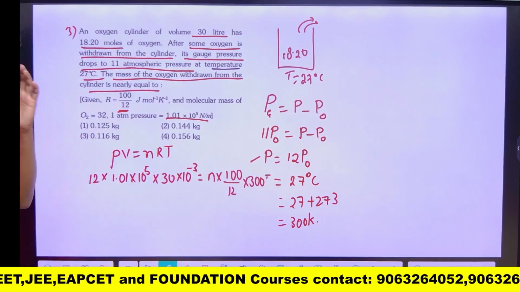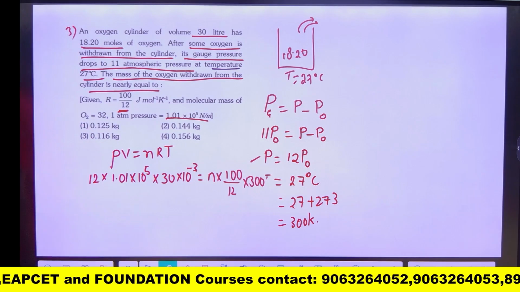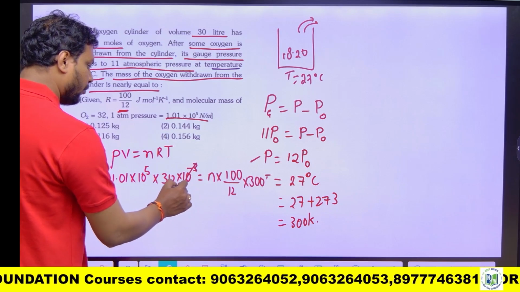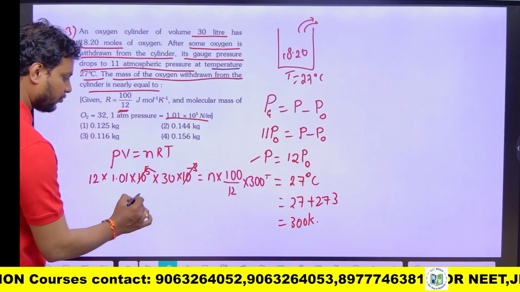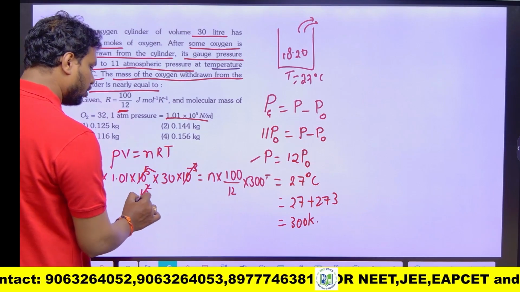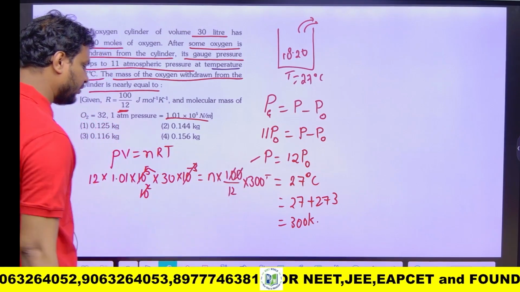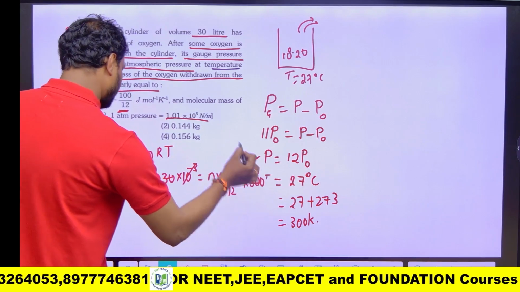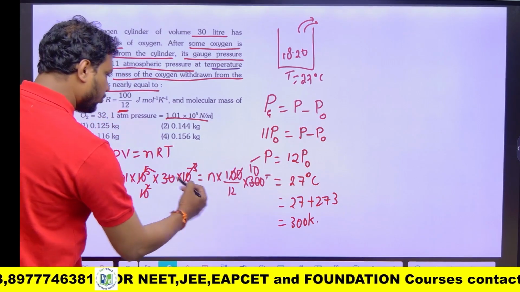So if we cancel, we'll get the n value, that is the number of moles. On cancelling 10 to the power of minus 3 and 10 to the power of plus 5, it will be cancelled by 10 to the power of plus 2 times. And here 10 to the power of plus 2 and 2 zeros will get cancelled. And here this will be 10 times. Bring this to the left hand side.